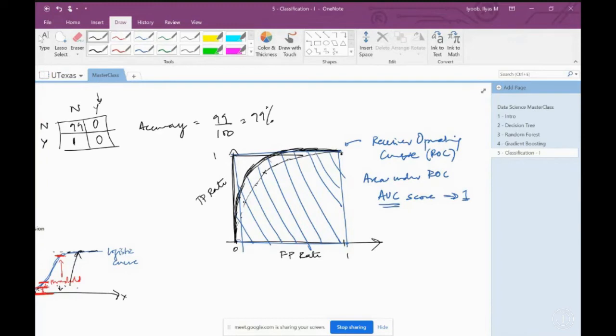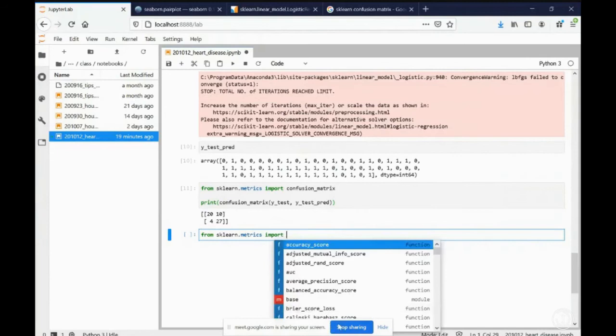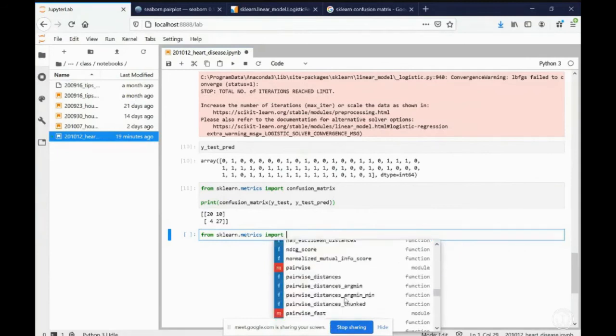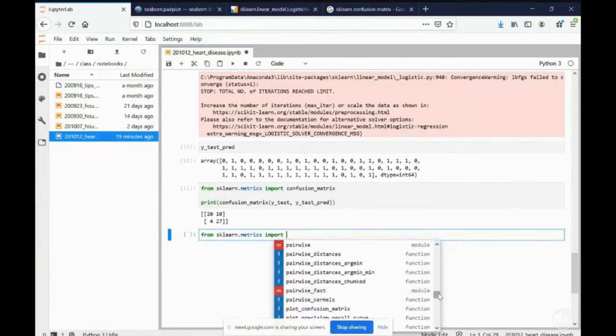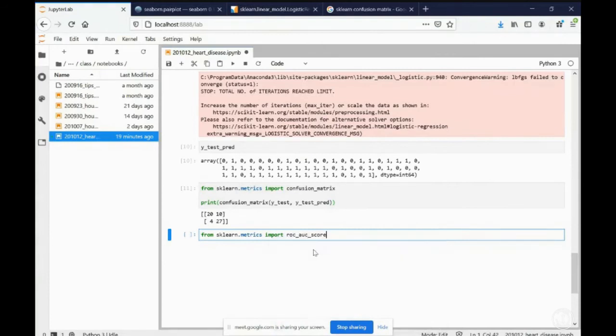So having said that, now let's go ahead and just run the ROC, calculate the AUC value, and then see what we get. All right. So we get these values from the confusion matrix, but we already also have the AUC score. I think it's called the ROC AUC score.